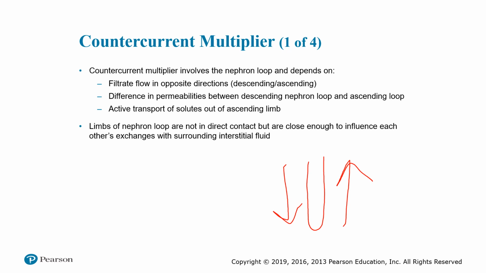Then the second thing is that they have different permeabilities. We know the descending limb is permeable to water, whereas it is impermeable to solute. So water can come out of this limb. Whereas the ascending limb is permeable to solute and impermeable to water.